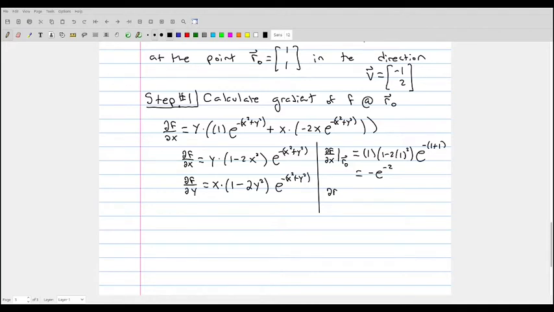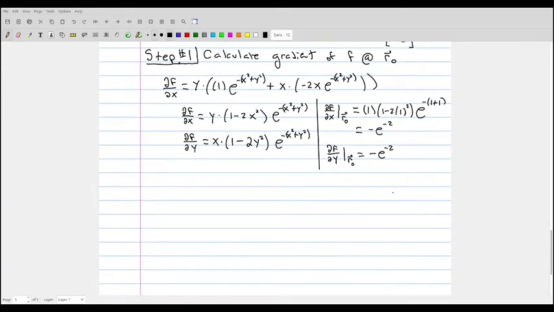And you get the same thing when you plug in for df/dy at the point r0. So this gives us a gradient vector at the point r0 equal to: its x component is negative e to the negative 2, and its y component is also negative e to the negative 2.